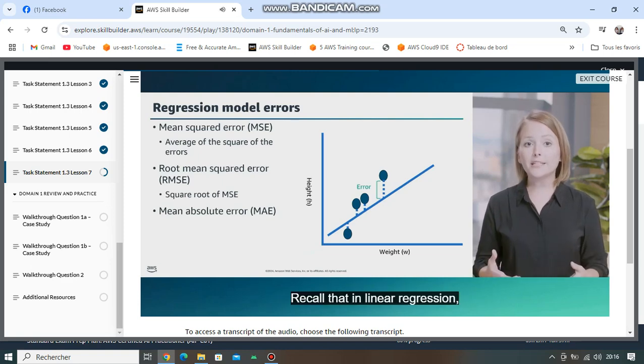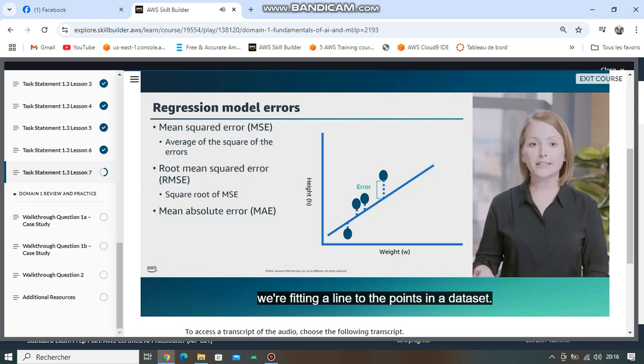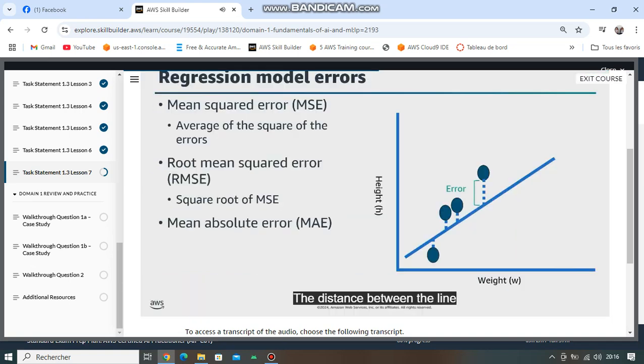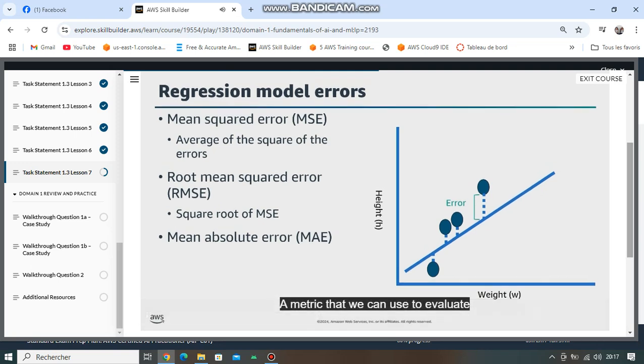Recall that in linear regression, we're fitting a line to the points in a data set. The distance between the line and the actual values is the error. A metric that we can use to evaluate a linear regression model is called the mean squared error, MSE.